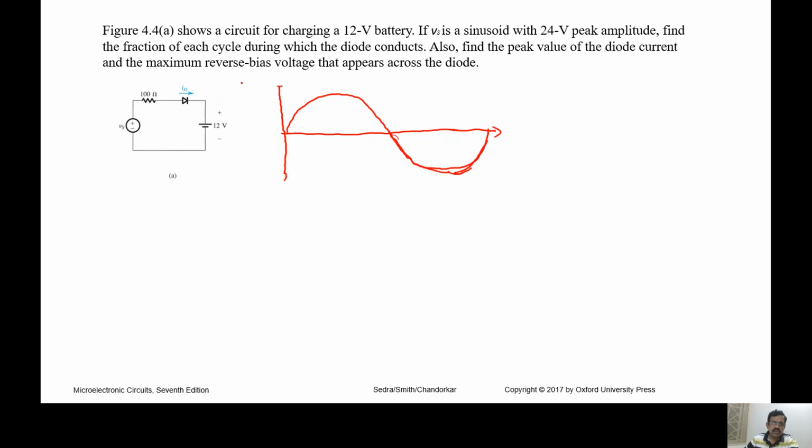So this is my voltage, this is my time, and the peak voltage at this point is actually 24. This is the input signal. This is the negative of the positive half cycle. So now I have a 24 volt, which is the source.